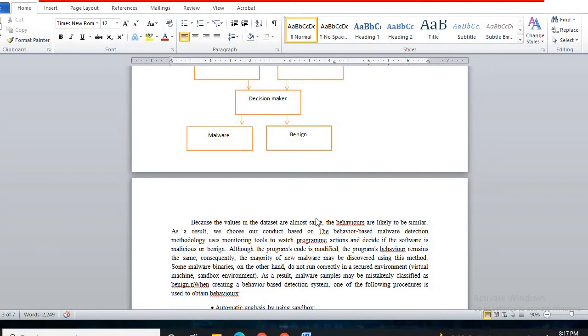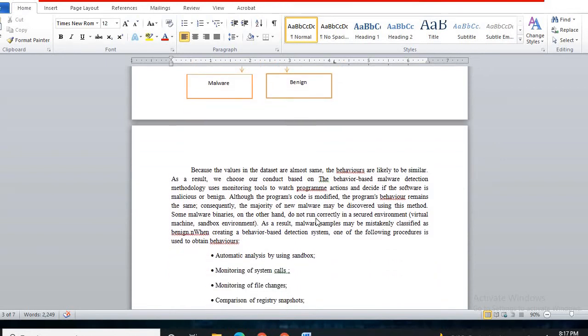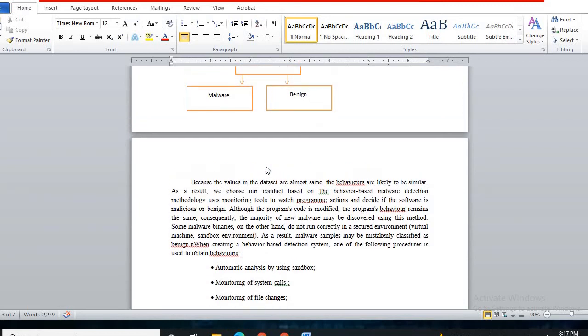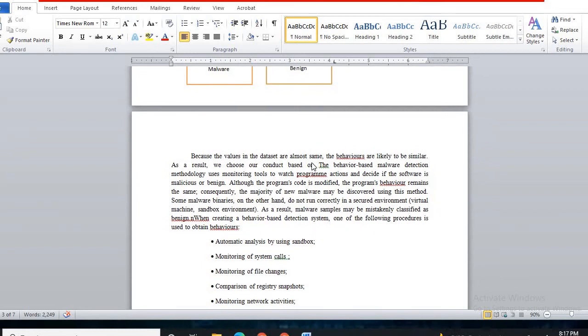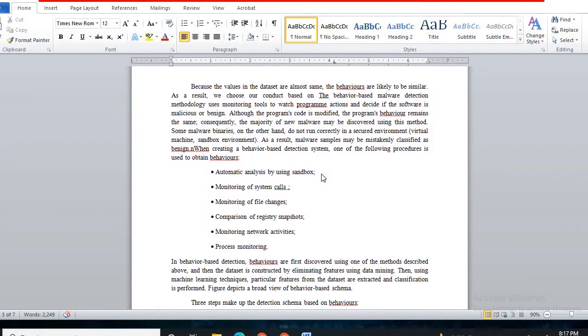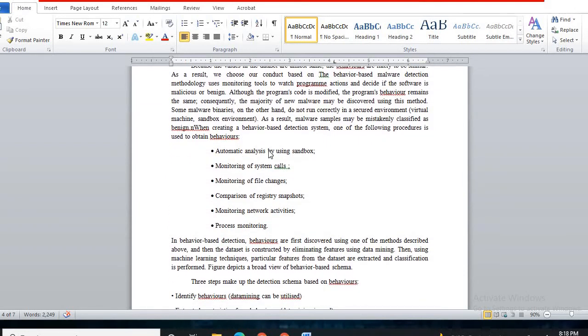It's a genuine program. So first, to run the program, I have selected the behavior-based model. When a program is running, I am analyzing the behavior of the program. To analyze the behavior, there are various methods like automatic analysis using a sandbox, monitoring of system calls, monitoring of file changes, comparison of registry snapshots, monitoring network activities, and extensive process monitoring.